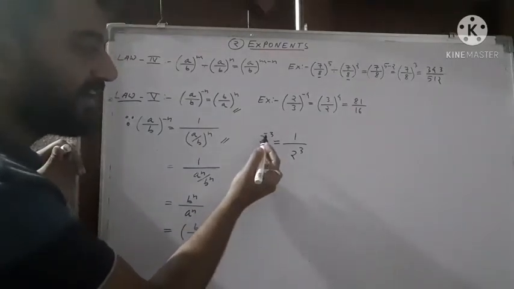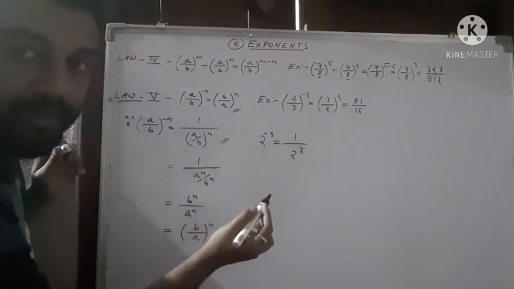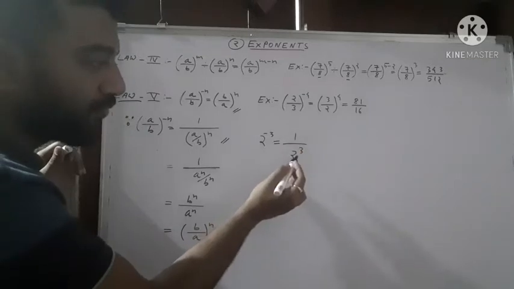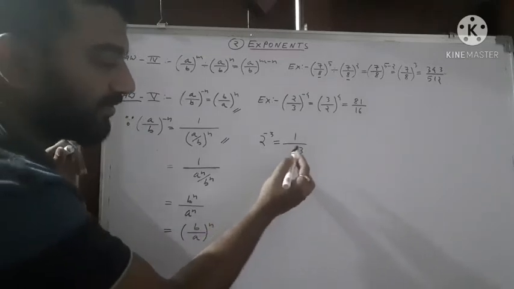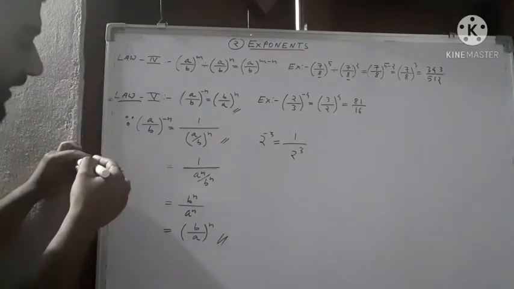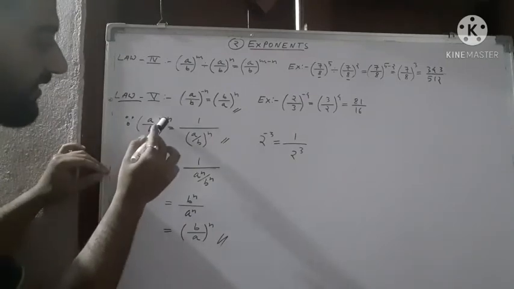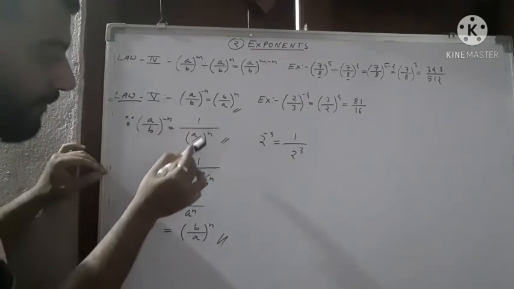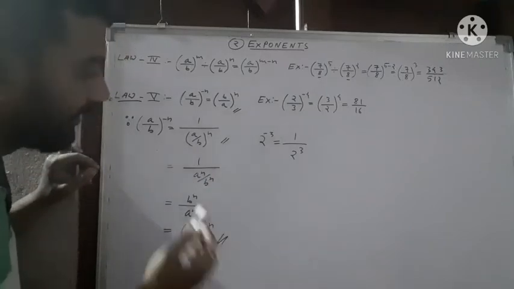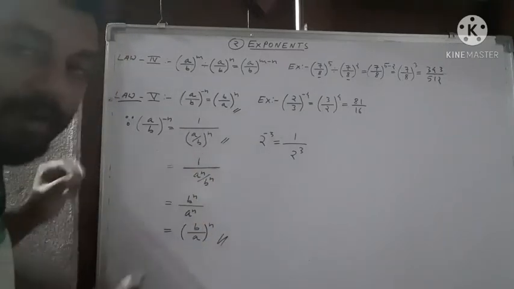When the power is negative, it is 1 by the positive power. Similarly here, it becomes 1 by (a/b)^n.